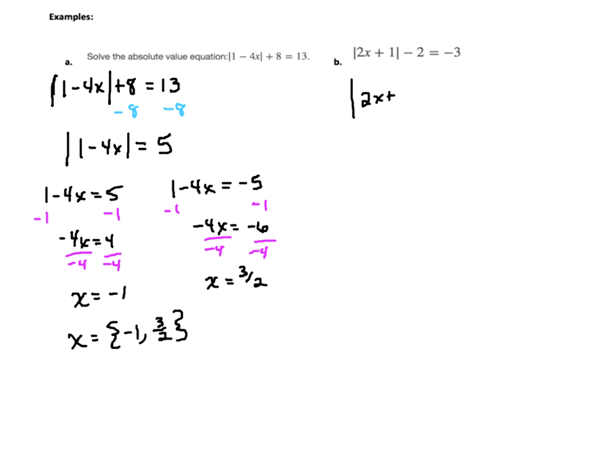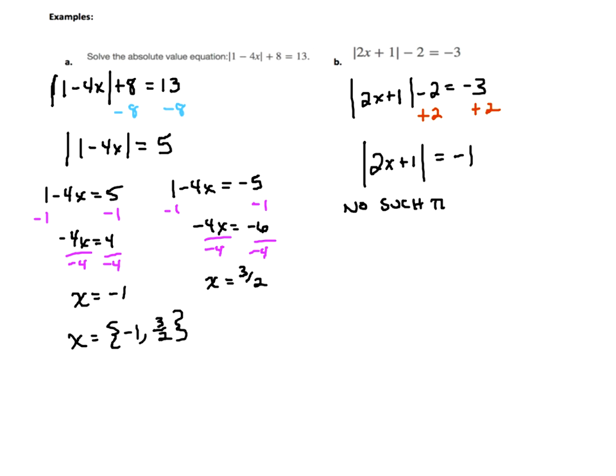Now let's look at this next one. I have the absolute value of 2x plus 1, minus 2, equaling -3. So I am going to need to isolate by adding 2 to both sides. And when I do so, I end up with the absolute value of 2x plus 1 equals -1. This question is asking, what value, that's the x, what value can I multiply by 2 and add 1 to and land a distance of -1 from the origin?